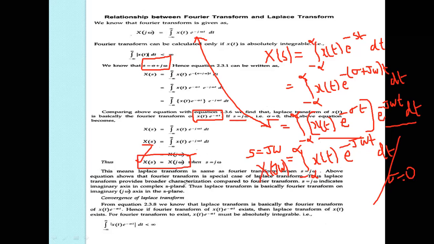X(S) is a Laplace transformation and X(jω) is a Fourier transformation. This means the Laplace transform is the same as the Fourier transform when S equals jω. The above equation shows the Fourier transform is a special case of a Laplace transform.